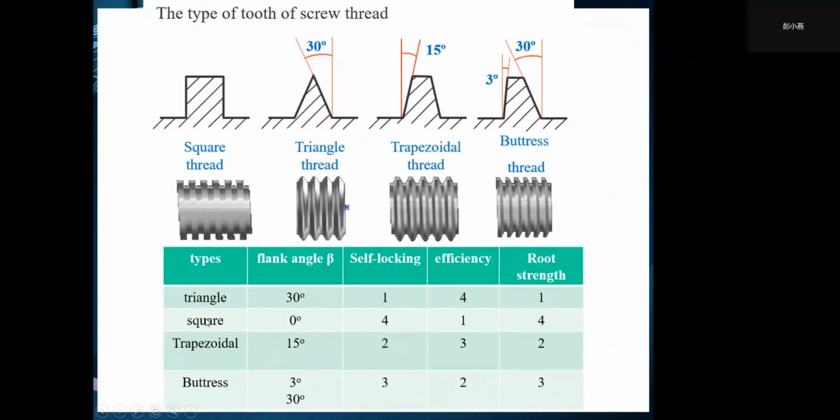Square thread has good efficiency. It is a driving screw thread. Trapezium thread is selected to carry bidirectional loads, and buttress thread is for unidirectional loads.